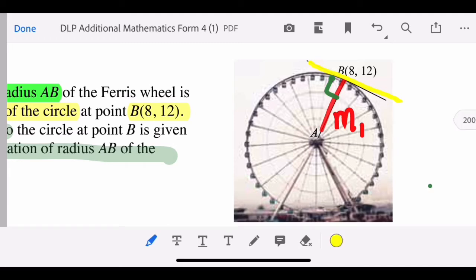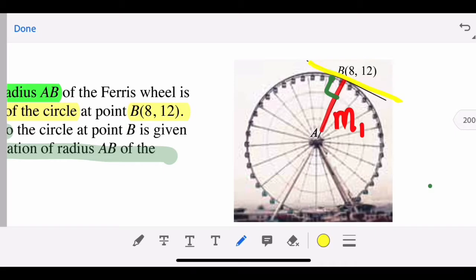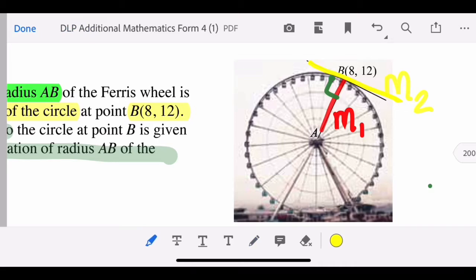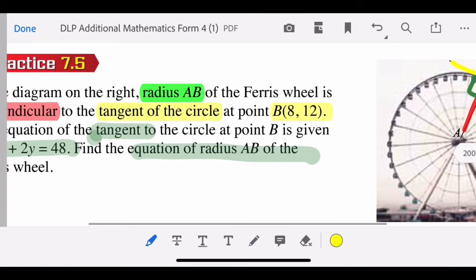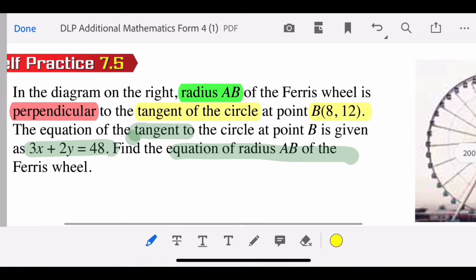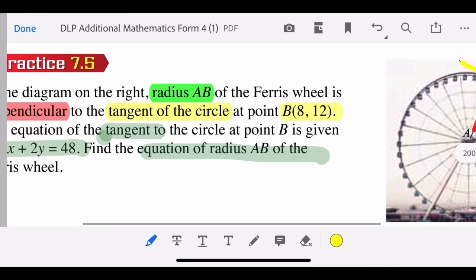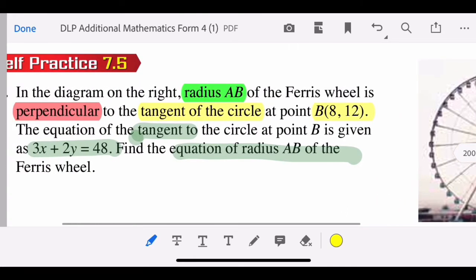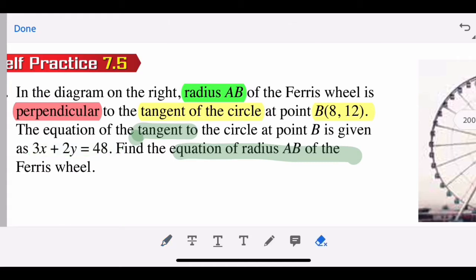The tangent to the circle has gradient m2. Both lines have different gradients, and when you multiply m1 by m2, you will get -1. So we say the product of the gradients is equal to -1.